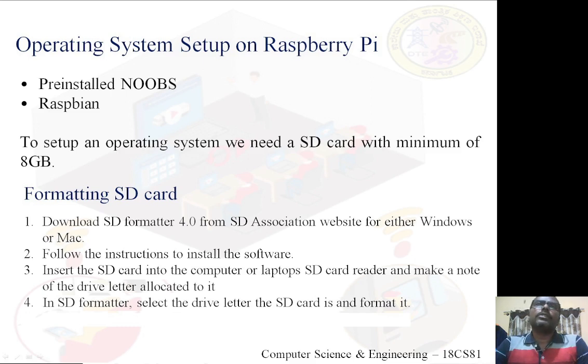For formatting the SD card we need the application SD Formatter, and we have installed it. Now your computer or laptop, whatever it be, has an SD card reader slot.